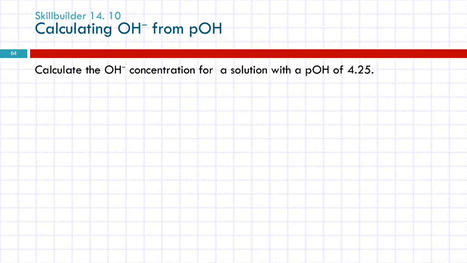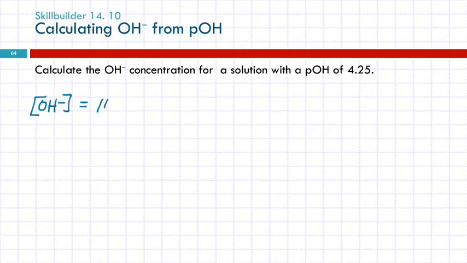Calculate the hydroxide ion concentration for a solution with a pOH of 4.25. So I want the hydroxide ion concentration. Hydroxide ion concentration equals, I'm going to give you all those formulas on the periodic table sheet of the exam, so you go look up the equation.